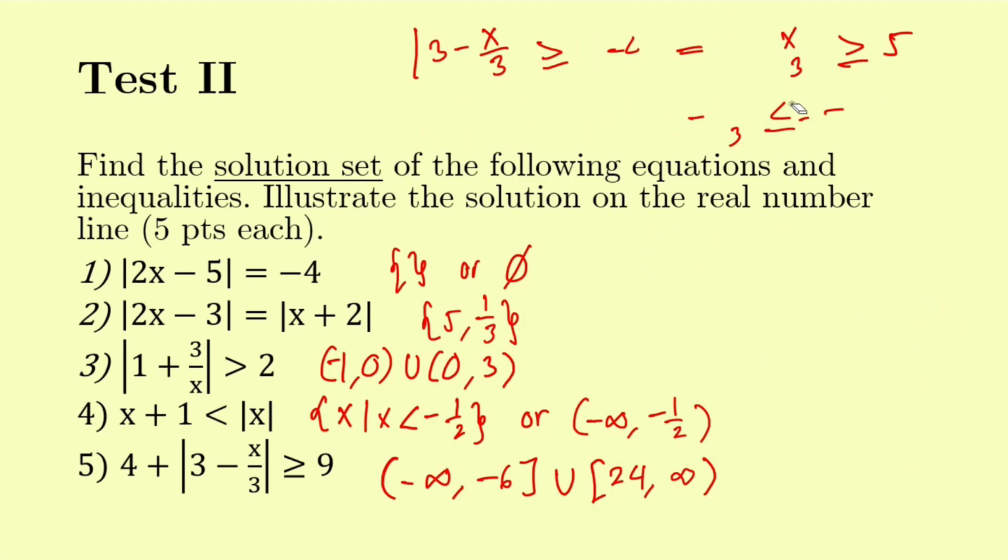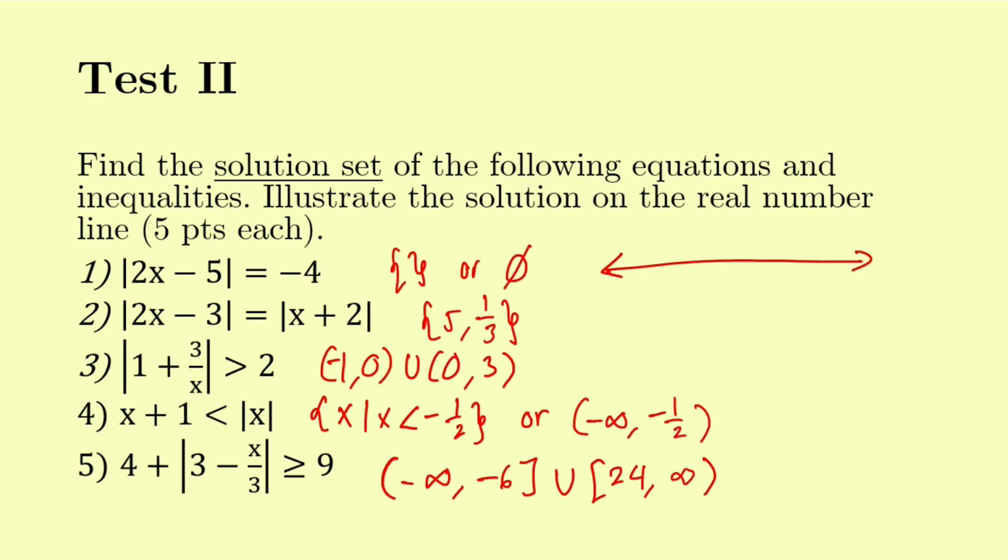Let us illustrate each on the real number line. Madali na lang, no? If we have solved for the value or values of x, madali na lang siya. So, sa number 1, obviously, wala tayong graph kasi wala siyang solution. Next, for number 2, 1/3 and 5. Siyempre, nasa left si 1/3 tapos si 5 nandito.